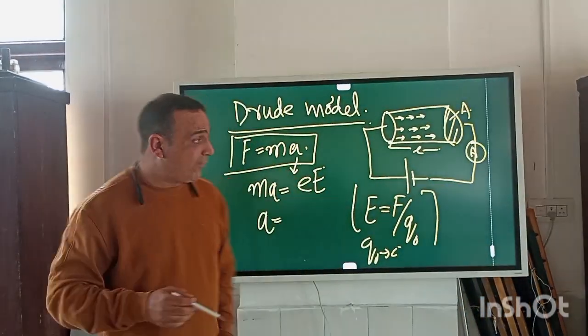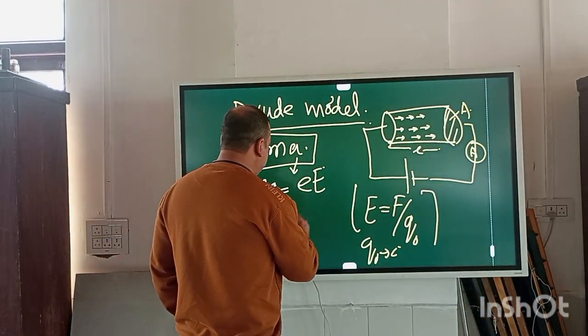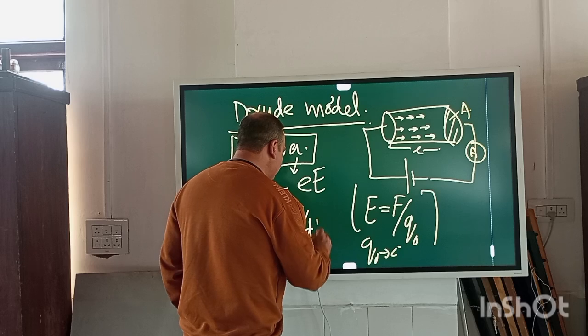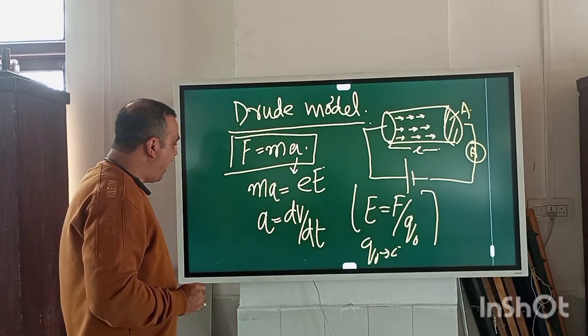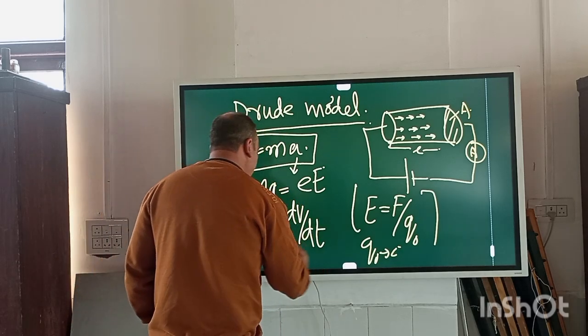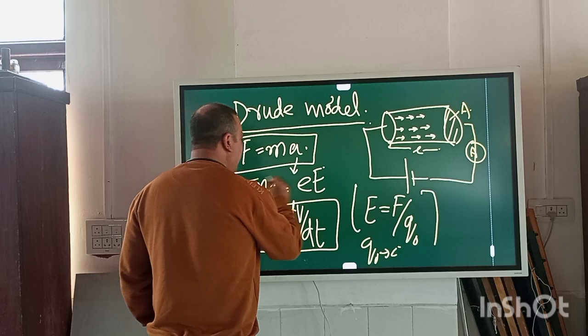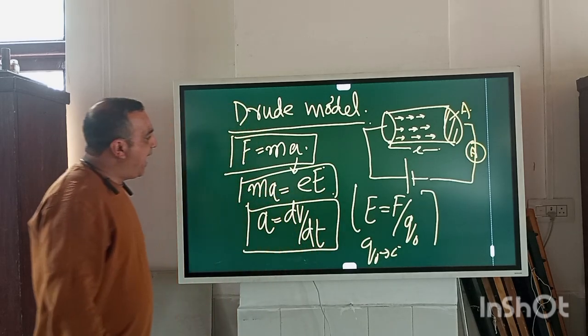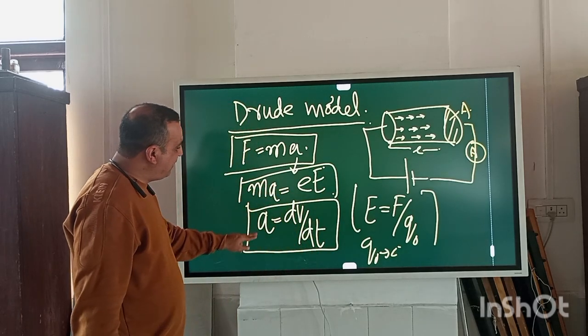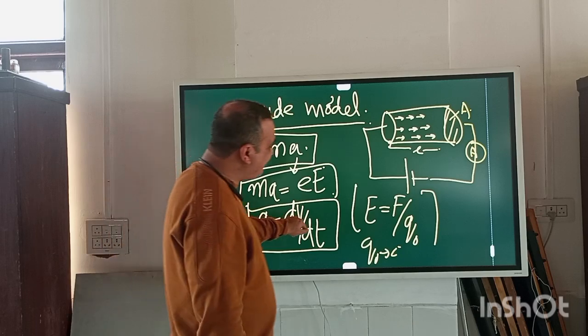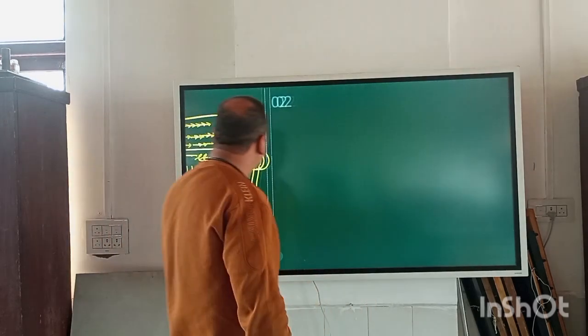So for the acceleration, I can use dv by dt, and I can use the value of this acceleration in this equation. For m, I'll write m. For a, I'm going to write dv by dt.